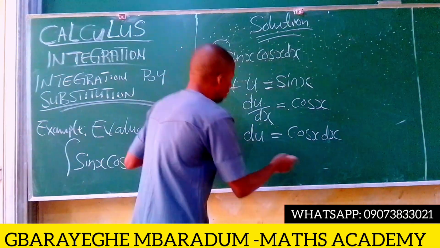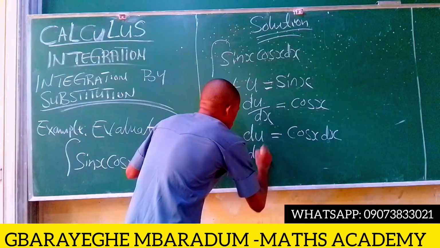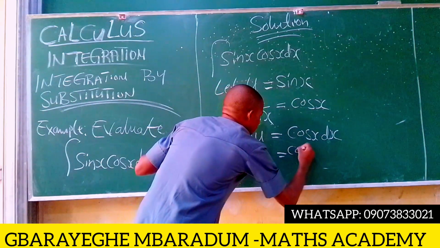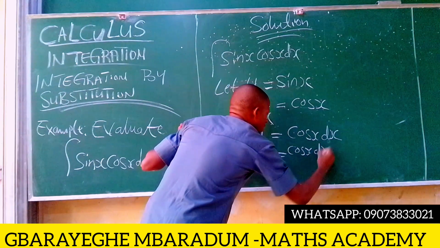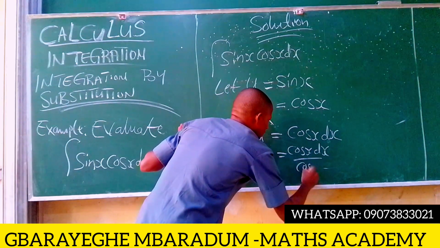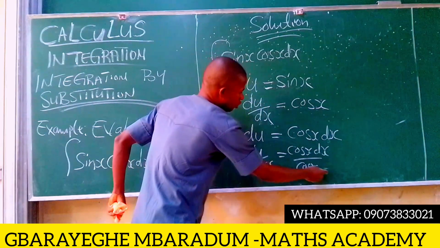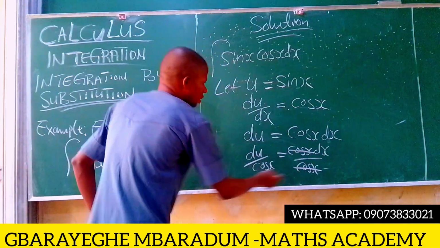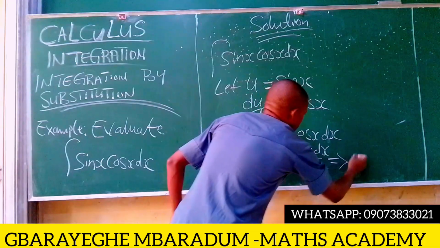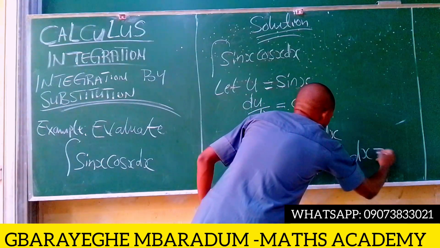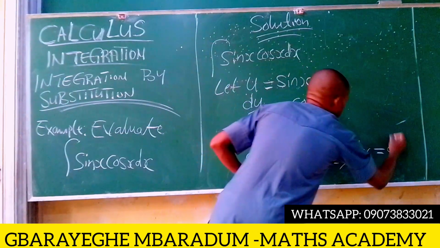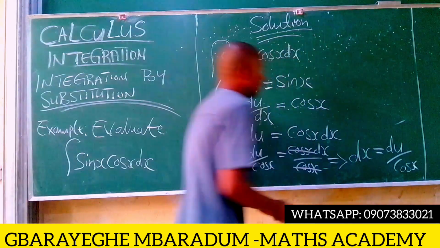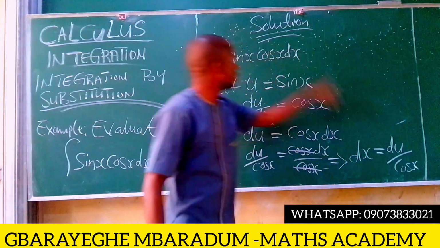So du over cos x equals cos x dx all over cos x. You know that now you can cancel out cos x from here and here, right? This implies that our dx now becomes du over cos x.